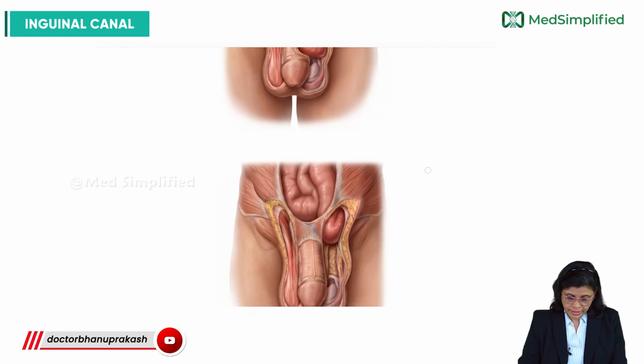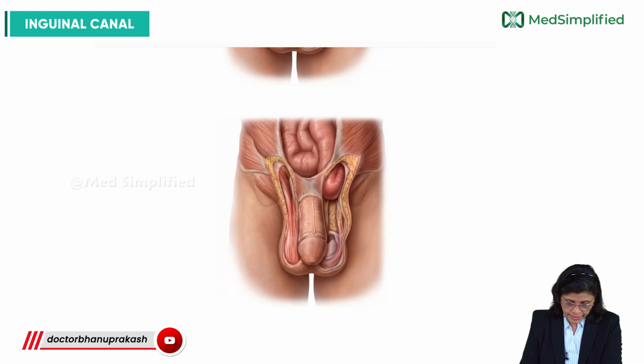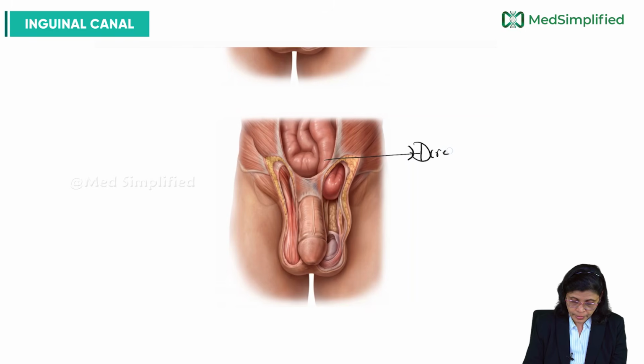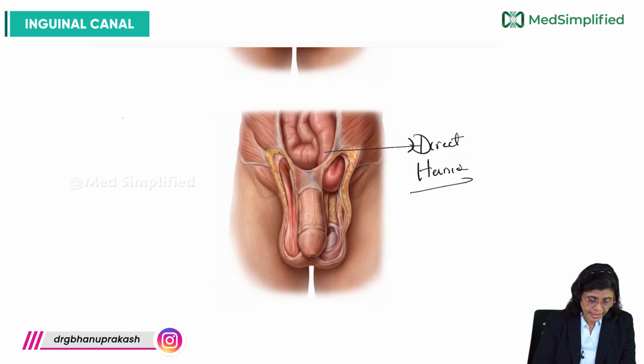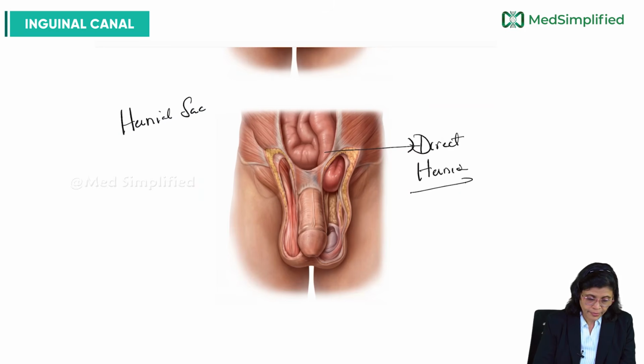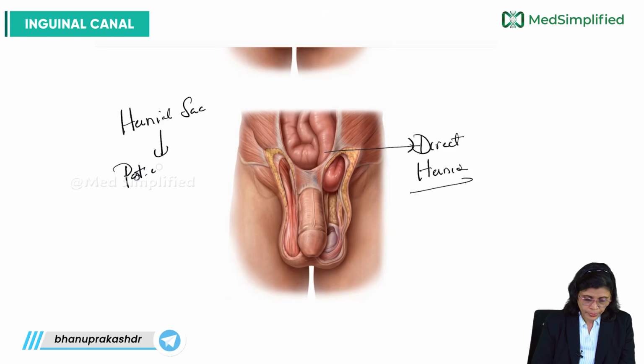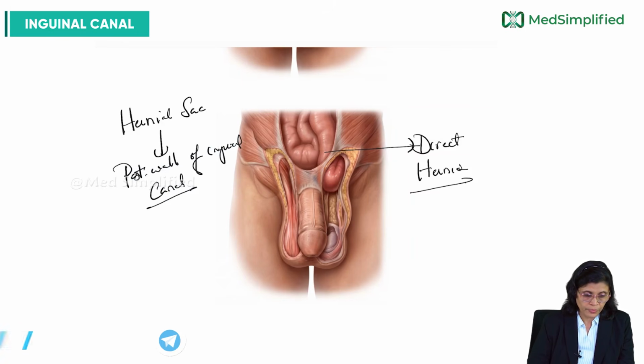And when we look at the direct hernia, direct inguinal hernia occurs when the hernial sac enters the inguinal canal directly by pushing through the posterior wall of the inguinal canal.